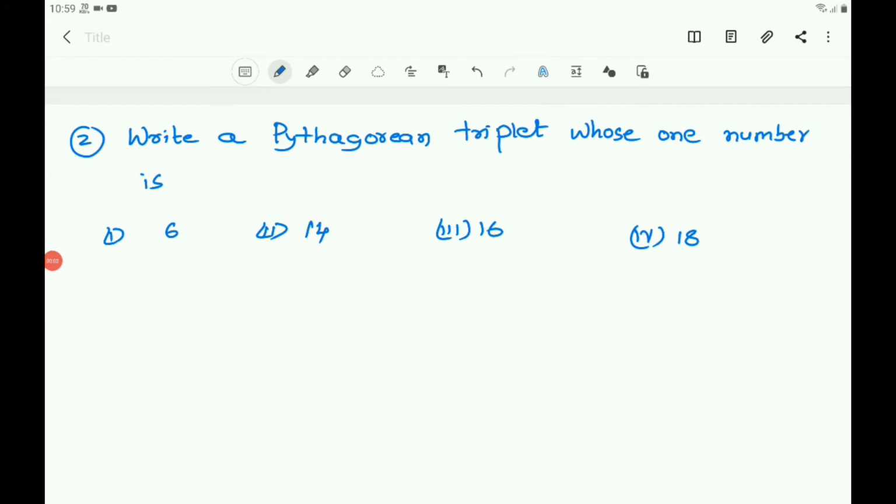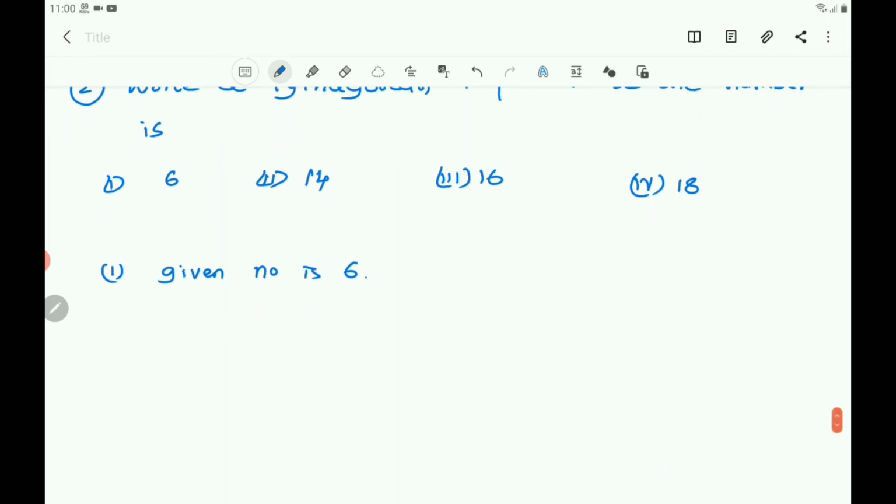The second main question is, write a Pythagorean triplet whose one number is, first one 6, second one 14, third one 16, fourth one 18. So let us find the Pythagorean triplets by using the given number. First, the given number is 6.